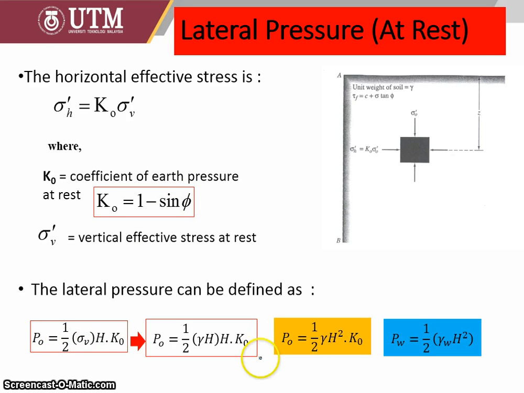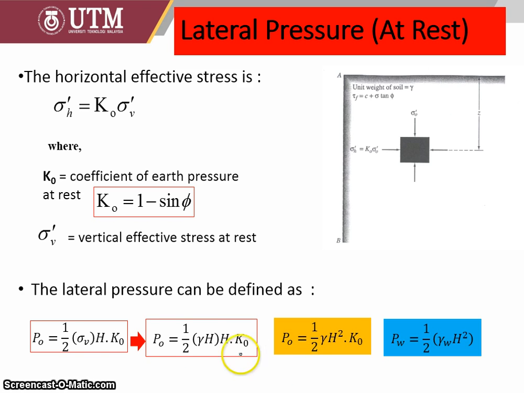So we can have pressure for total stress condition and we can have a pressure exerted by water to the soil. We can see the gamma water, or unit weight of water, in here. This gamma can be gamma bulk or gamma dry or gamma saturated, following the condition of the soil that we have in the site.